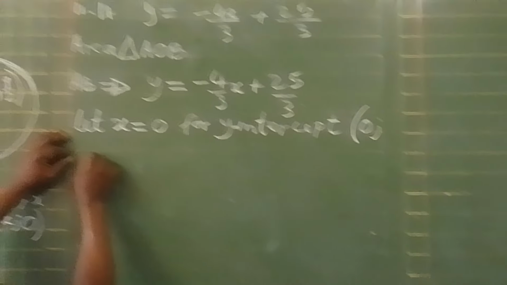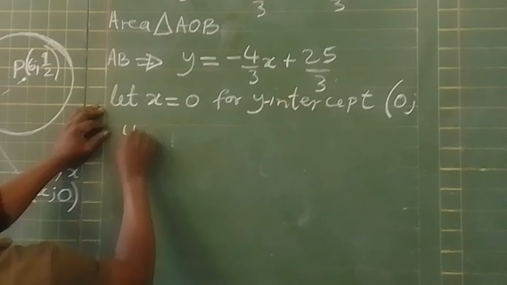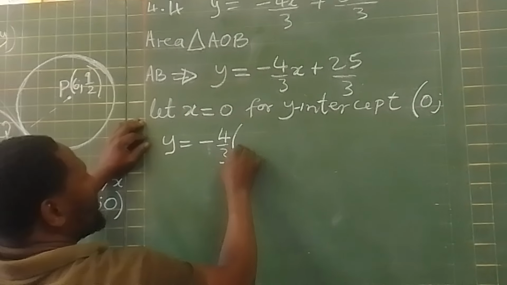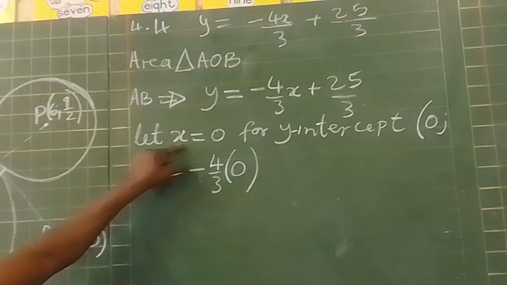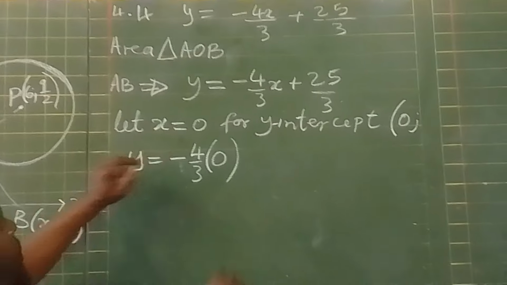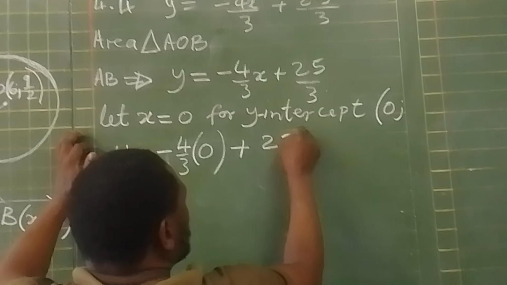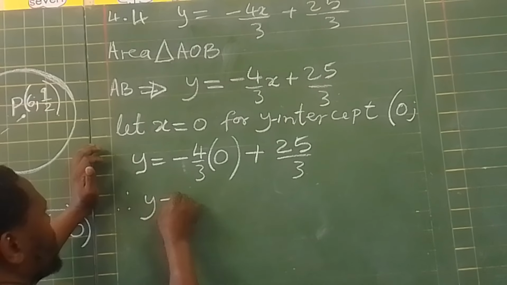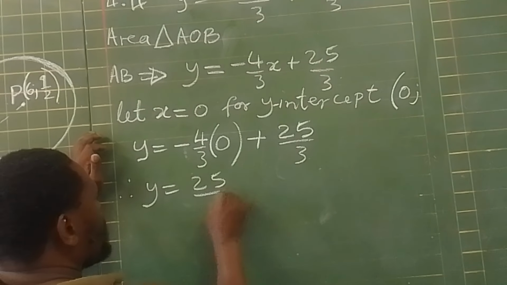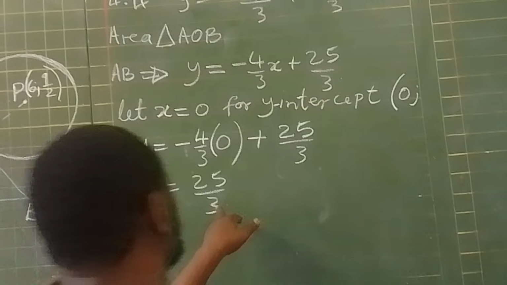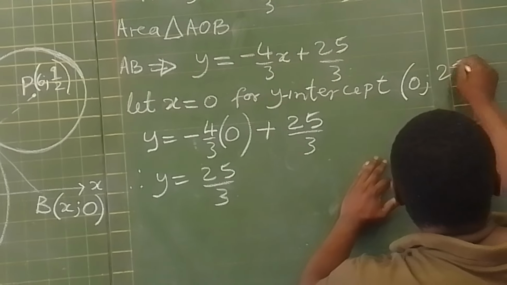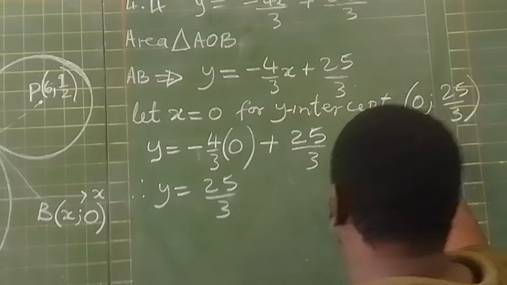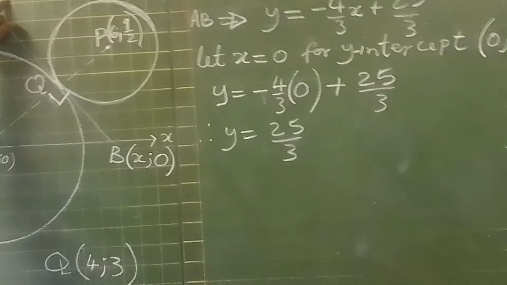Then you say y equals minus 4/3 multiplied by 0, because we have set x to be 0, plus 25/3. Therefore, y is equal to 25/3. So (0; 25/3).